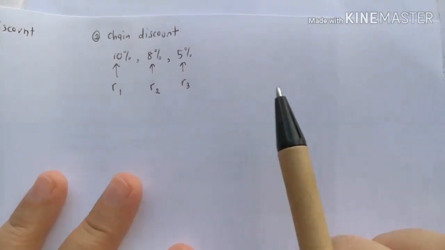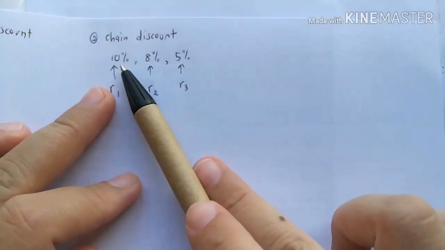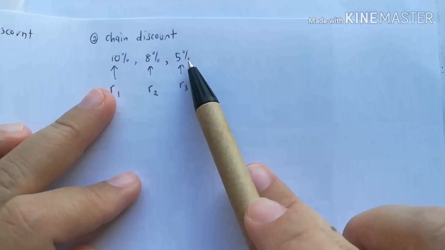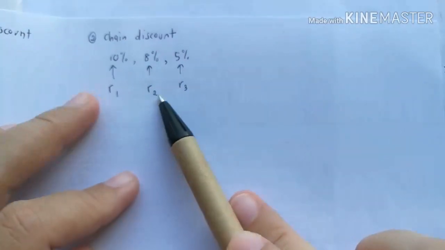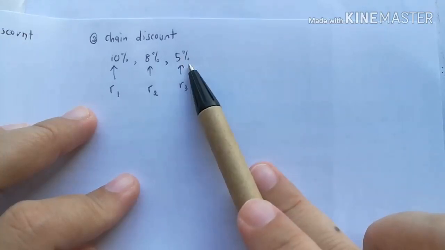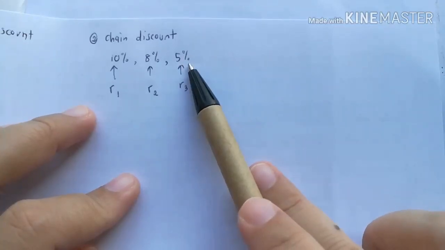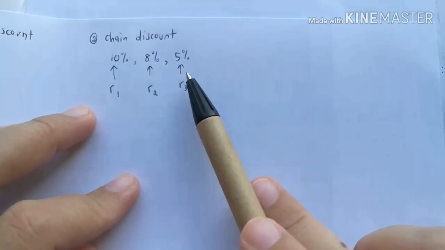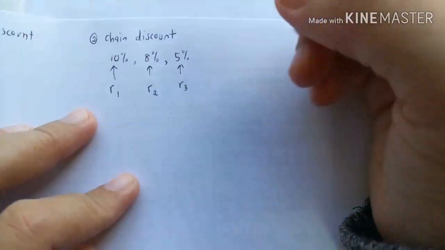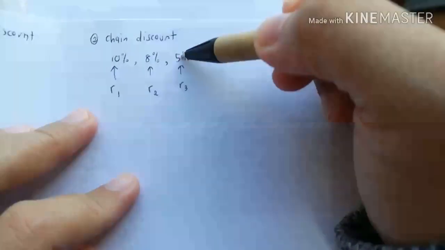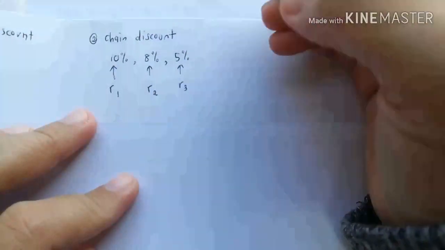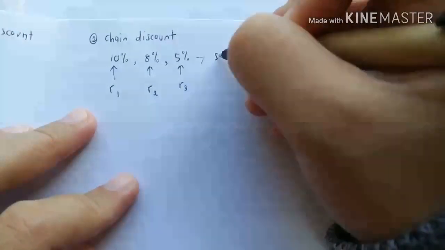now by referring to this one, our chain discount is 10%, 8%, and 5%. This chain discount can be converted into one single discount. So, if you want to find out 10%, 8%, and 5% is actually equivalent to how many percent single discount, then you may use the formula of SER.